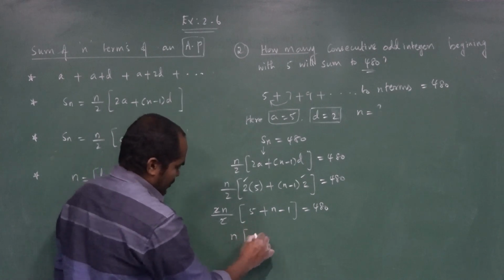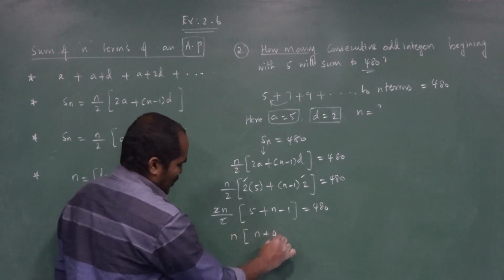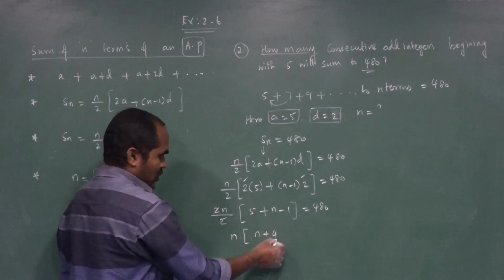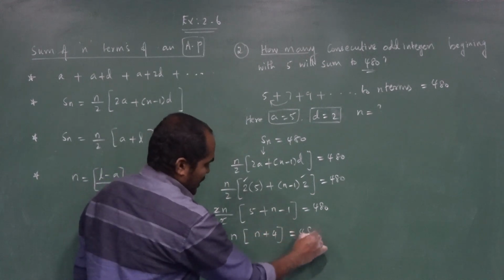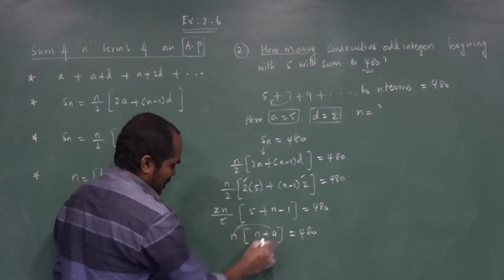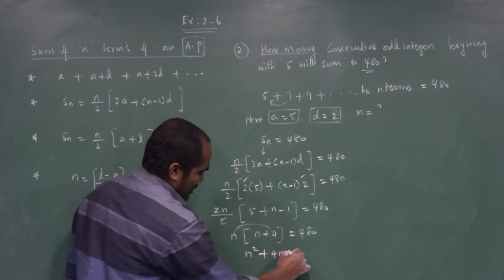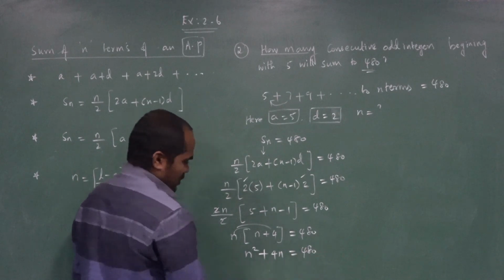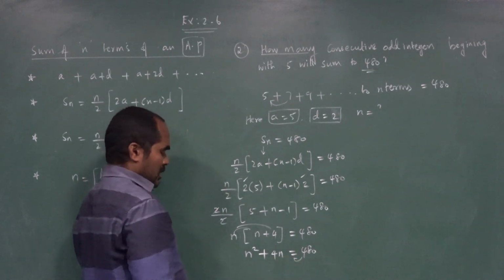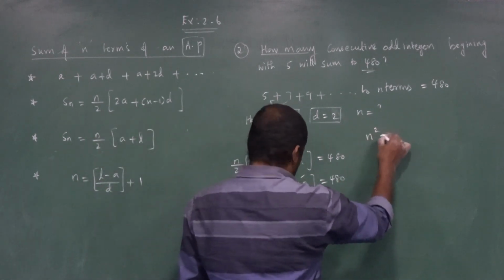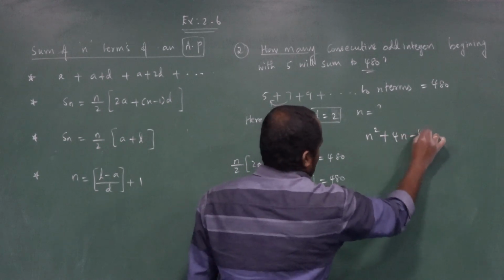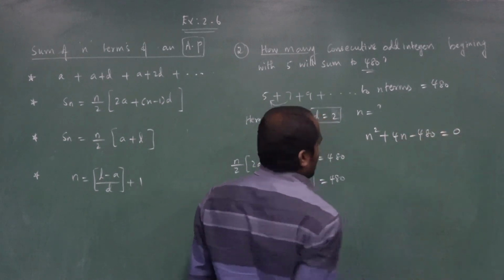So n of n plus 4, since 5 minus 1 is 4, is equal to 480. Multiplying, we get n square plus 4n is equal to 480. Sending 480 to the left, n square plus 4n minus 480 equal to 0.